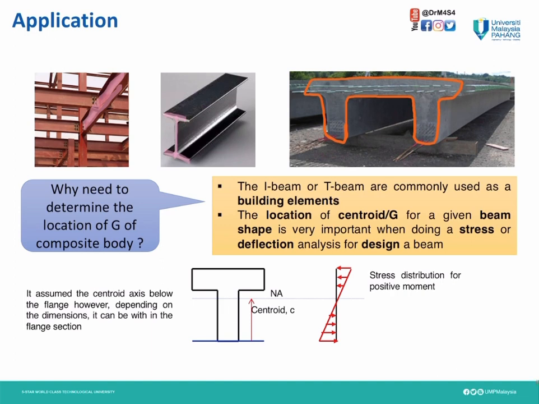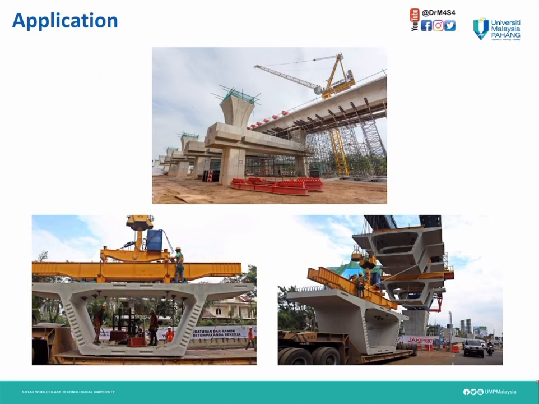For example, for the T shape, once we calculate the centroid, we assume here is the line of our centroid. Therefore, here also lies the neutral axis for this T-shaped beam. This neutral axis is important for you to know later on in the next subject, where you are going to study stress distribution.